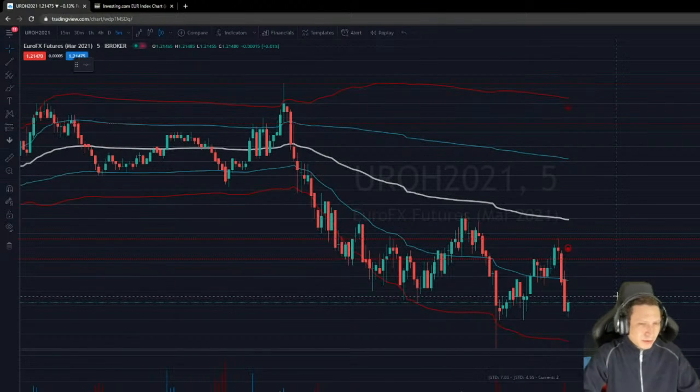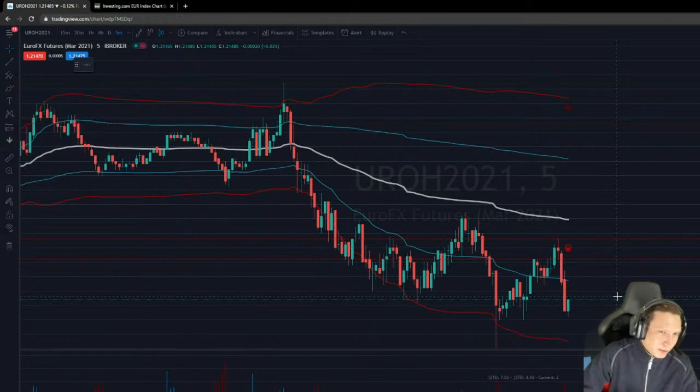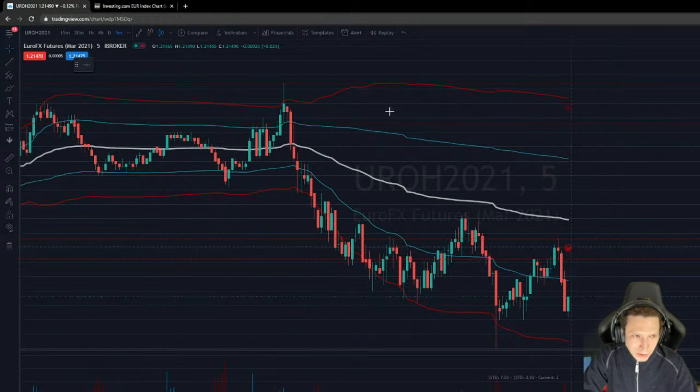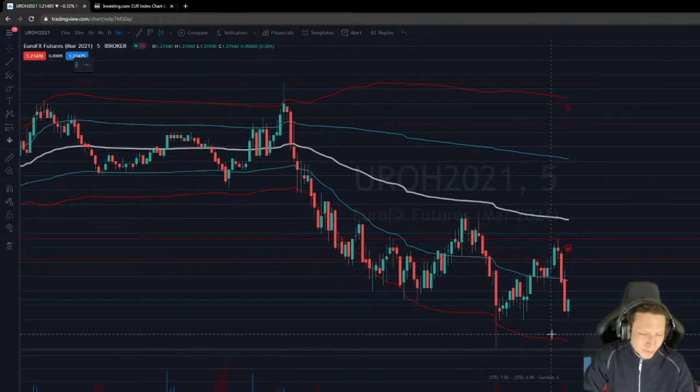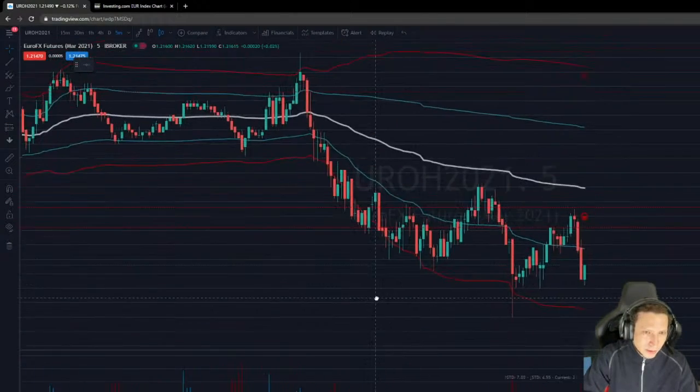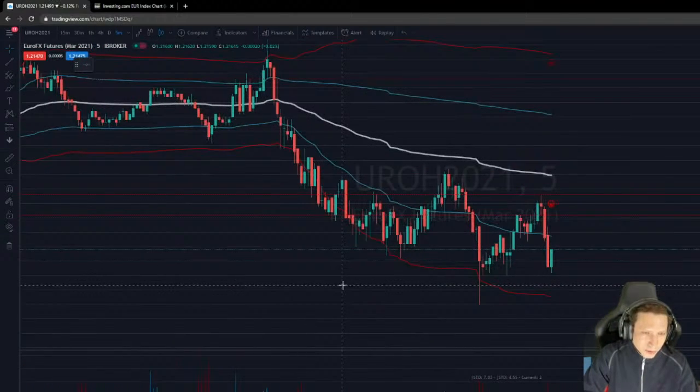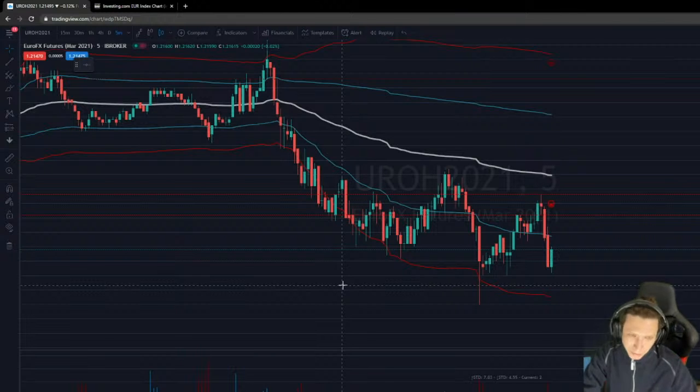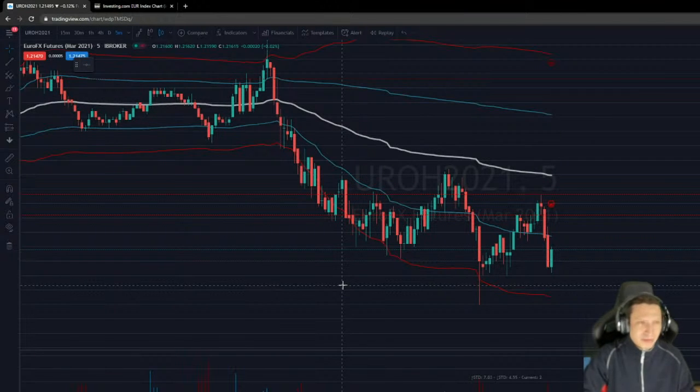So we have to be careful, because if the euro is strong during the day, it means our chances to get profit are going to be harder when it's actually going in a small downtrend right now. So we have to be very careful on our exits most of all, and try to be very precise on our exits as well.